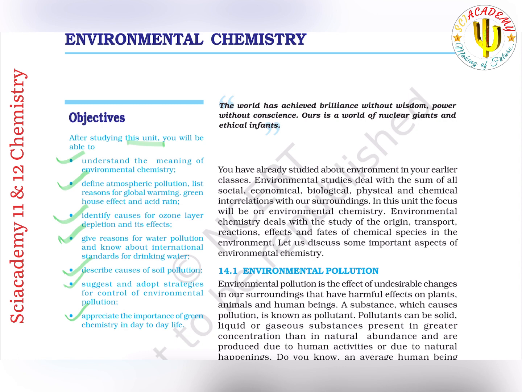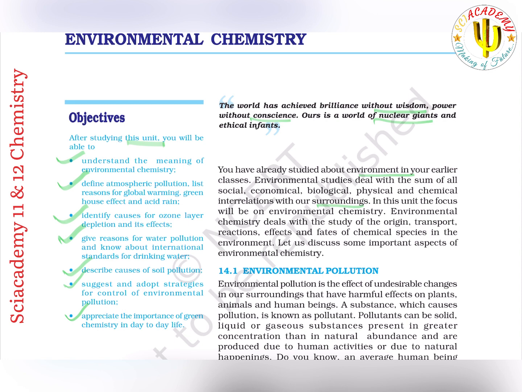The world has achieved brilliance without wisdom, power without conscience. Ours is a world of nuclear giants and ethical infants. You have already studied about environment in your earlier classes. Environmental studies deal with the sum of all social, economical, biological, physical, and chemical interactions with our surroundings.